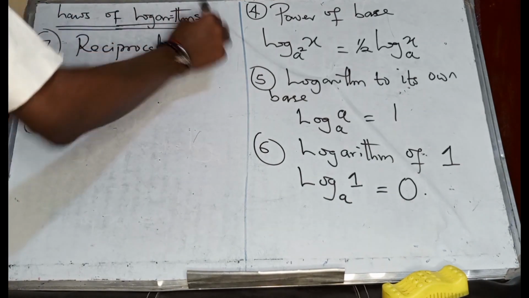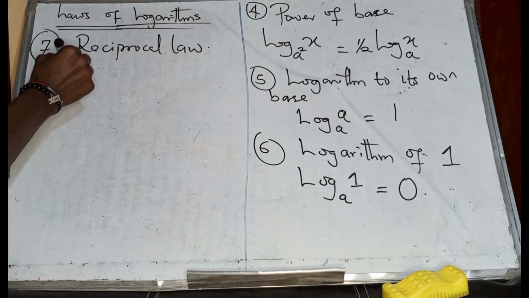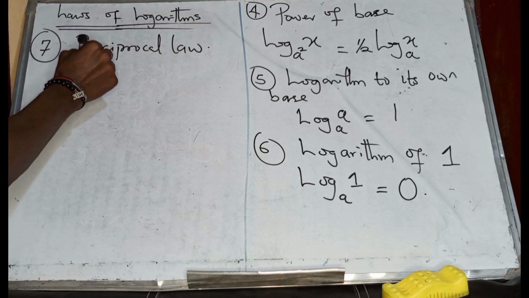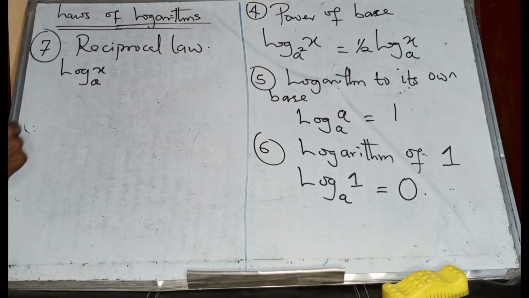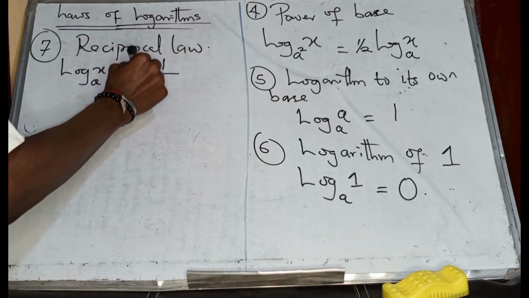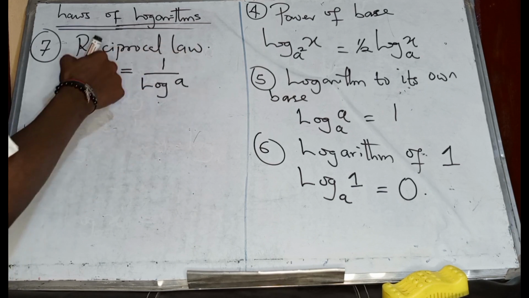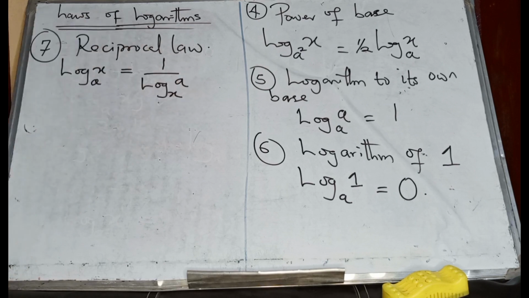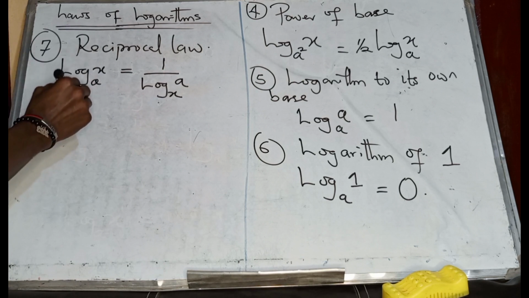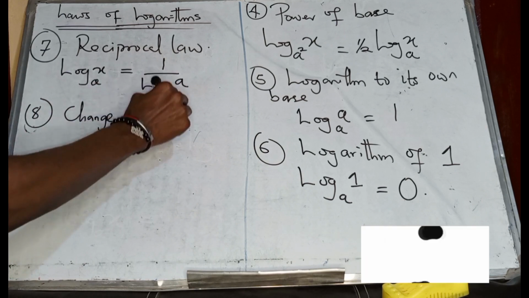According to the reciprocal law, if I have log x to the base of a, then by the law of reciprocal, it will be 1 all over log, here becomes a, then this function here becomes the base, which is x. Is that taken?